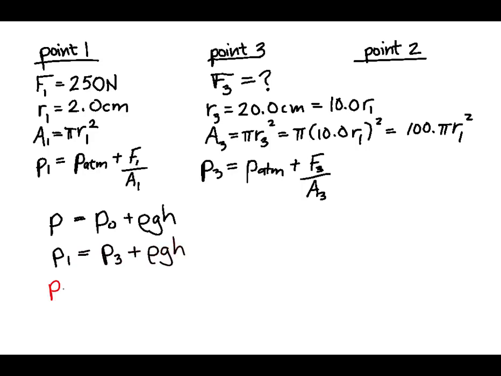Rewriting this and substituting our expressions for P1 and P3, we have P1 being the sum of atmospheric pressure and F1 over A1 equal to the sum of P3 and the pressure difference given by the product of density, gravity, and height, where P3 is just the sum of atmospheric pressure and F3 over A3.